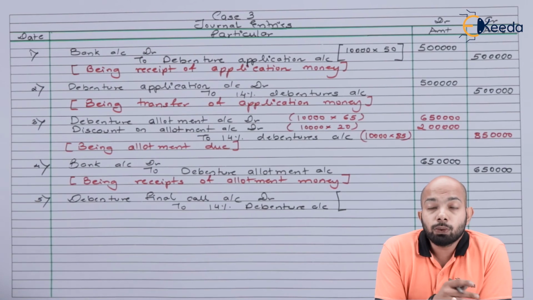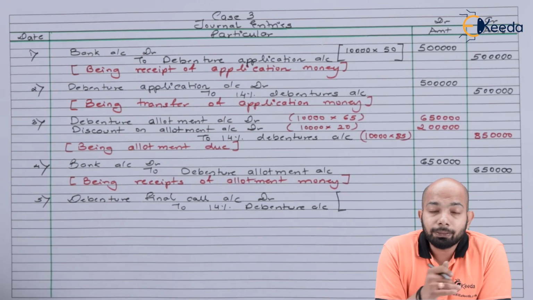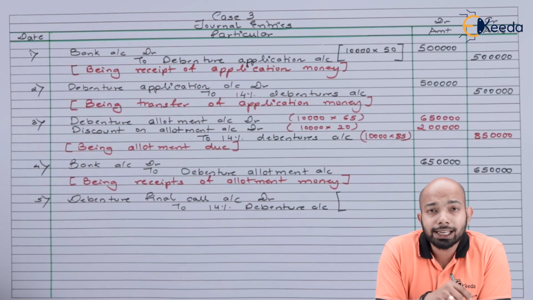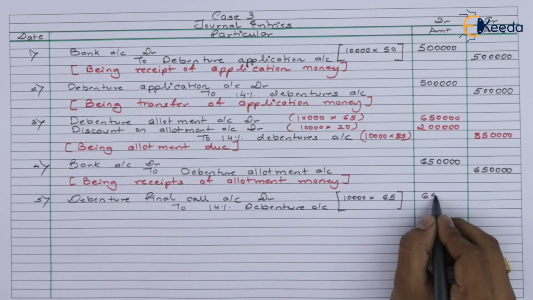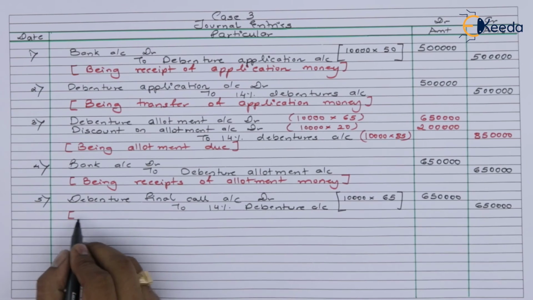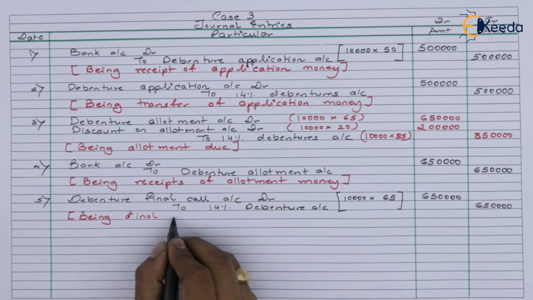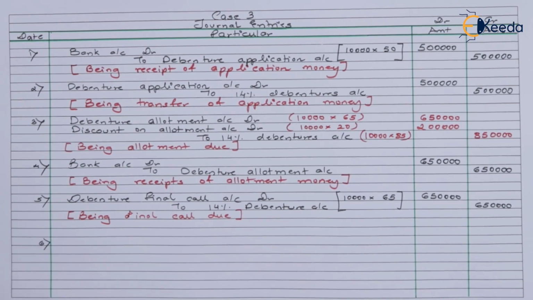On the final call as well, we had 10,000 debentures multiplied by 65. So 6,50,000 is the amount that we are expecting here. After the final call is due, as there are no calls in arrears in this case study, we just have to mention the receipt of final call money.